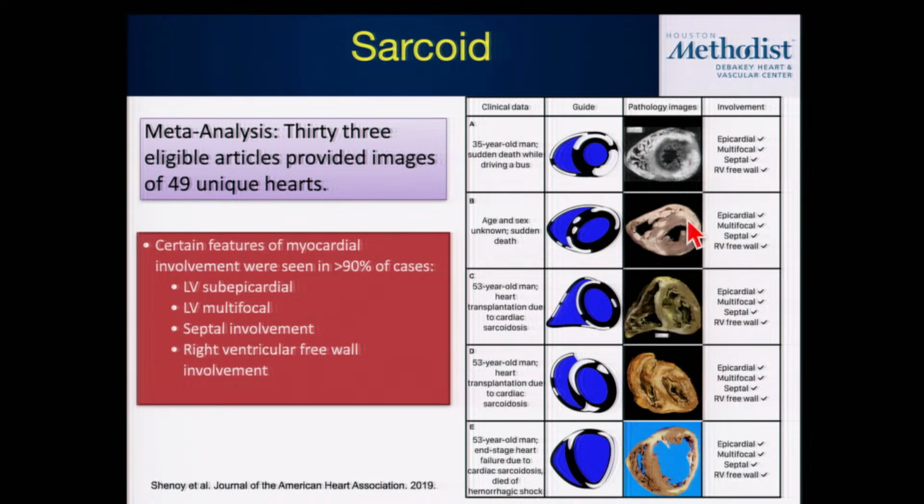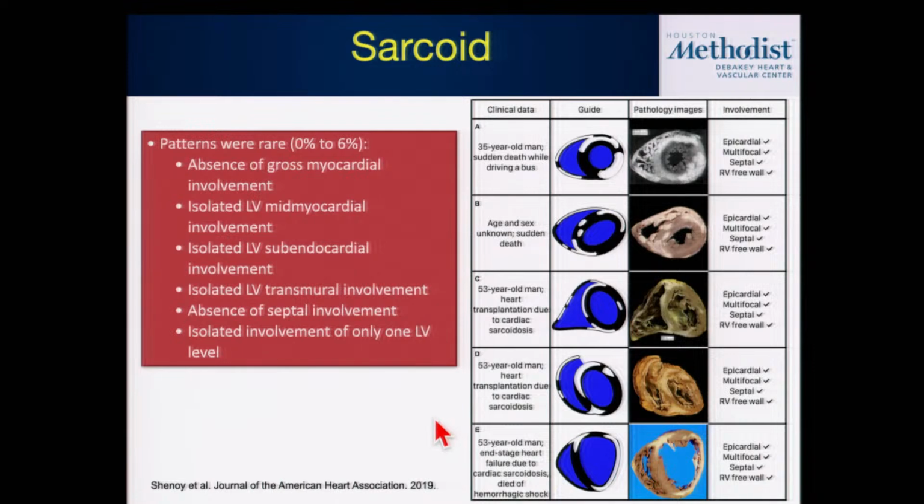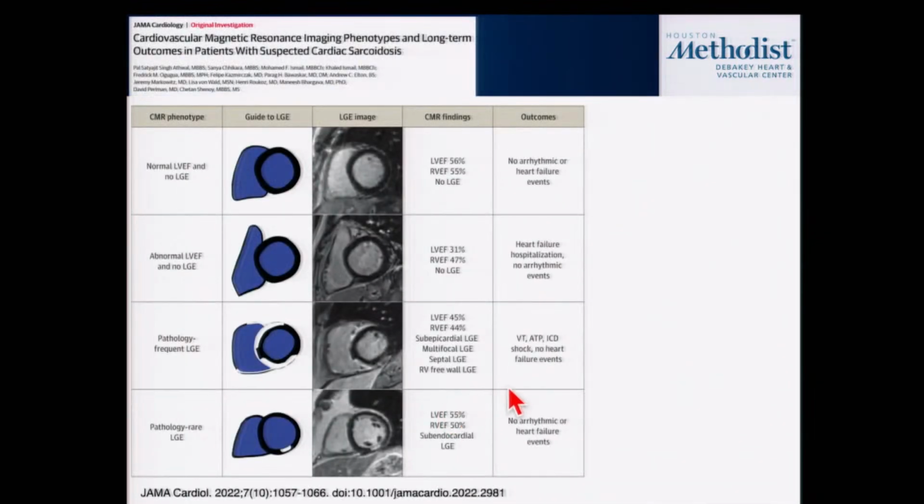In this case, they were looking at histopathology of autopsied hearts that were sectioned, that had a known diagnosis of sarcoidosis. And you find very similar patterns on the histopathology itself, suggesting it's not just imaging findings, but that there's histologic corroboration of these different patterns and findings.